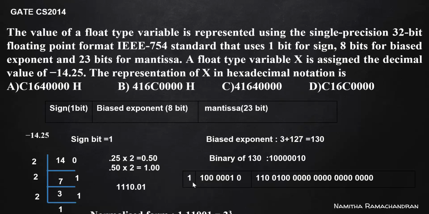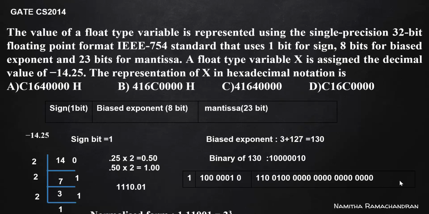Next is the mantissa, and this is the mantissa part: 11001. So the sign bit is 1, the biased exponent is 10000010 in 8-bit representation, and the mantissa in 23-bit representation is 11001 and all other bits are 0.